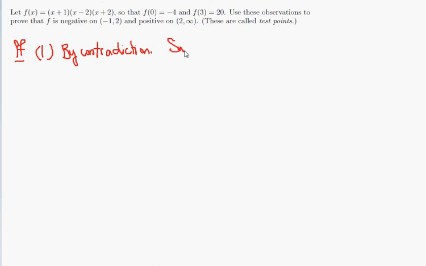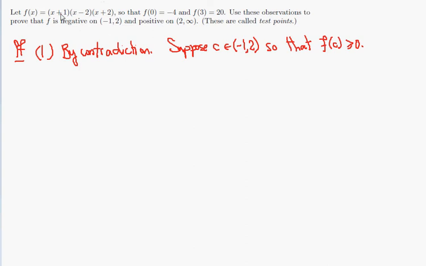Suppose that there is a number c between negative 1 and 2 so that f of c is greater than or equal to 0. Well, c can't be a root of f.